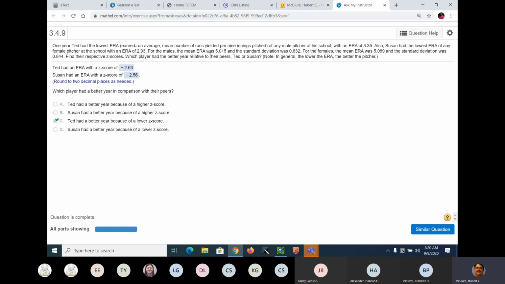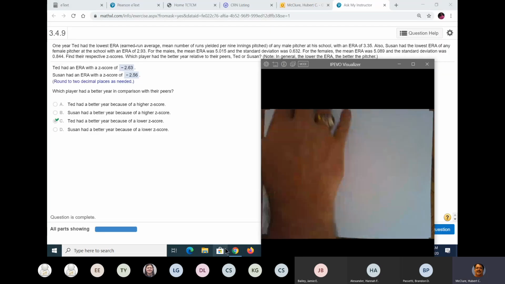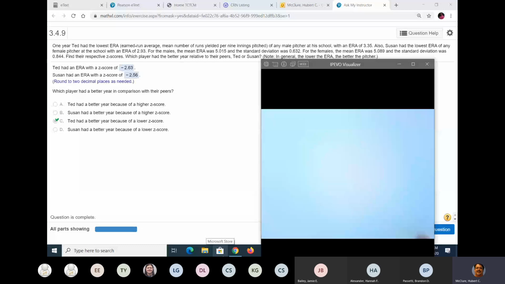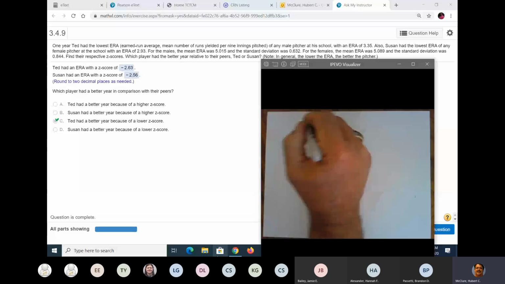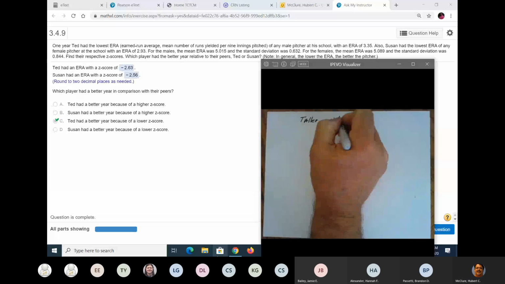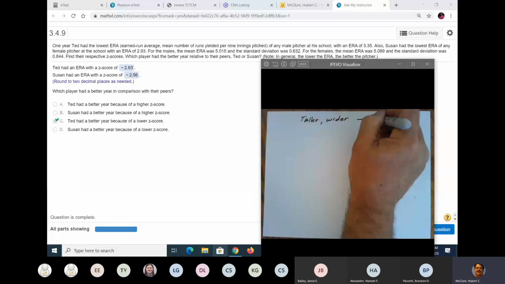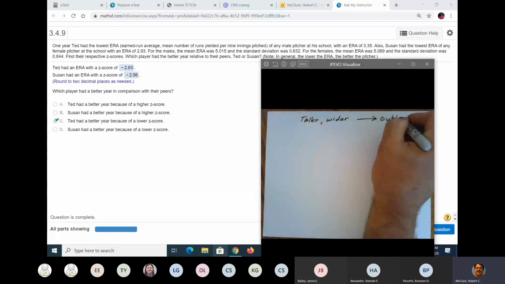All right. Now, when we did our LBJ the other day, LBJ versus Shaq, that was who was taller. When you say something like taller or wider, the further out from the z-score, the closer to the outlier.